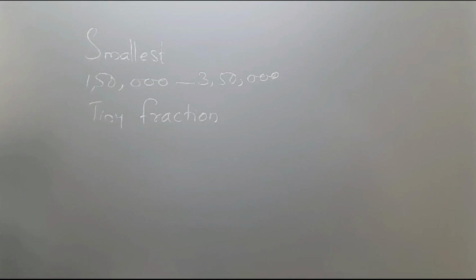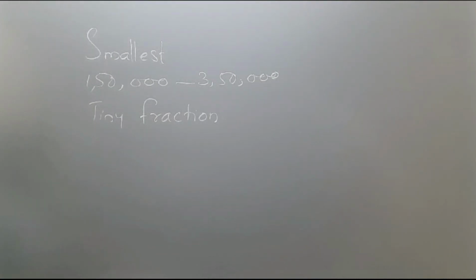These platelets are the smallest of the three major types of blood cells. What are these three major types of blood cells? Red blood cells, white blood cells and blood platelets. Among all three, platelets are the smallest.